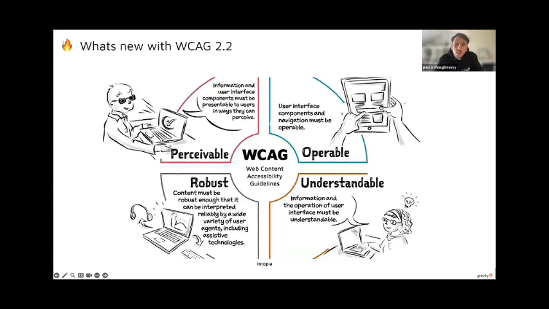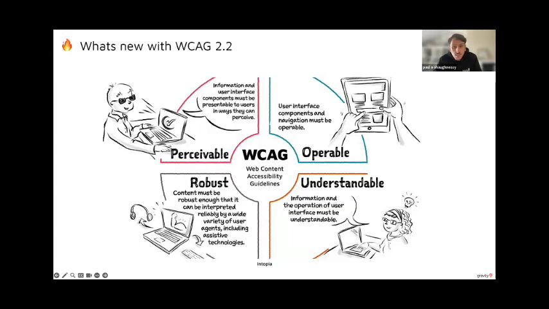This would mean can they operate the website in the way that was intended, regardless of ability? For instance, are there descriptive links instead of the likes of click here or see more? And do you have headings and structure in your content, so the screen reader can navigate through the site appropriately?